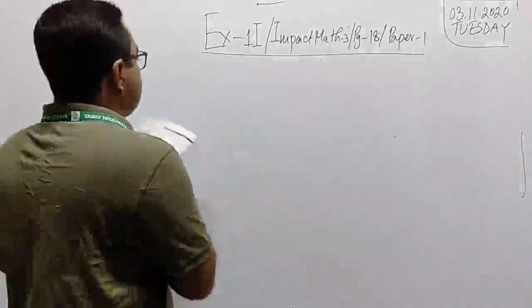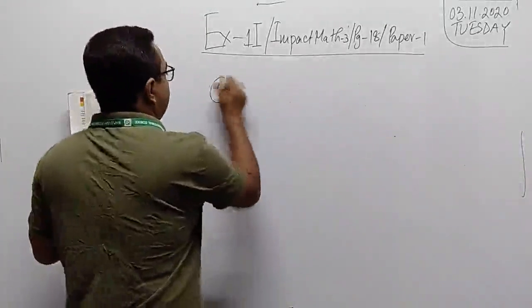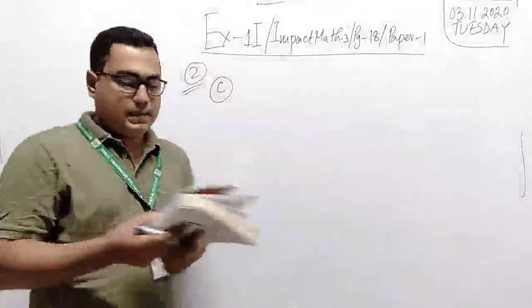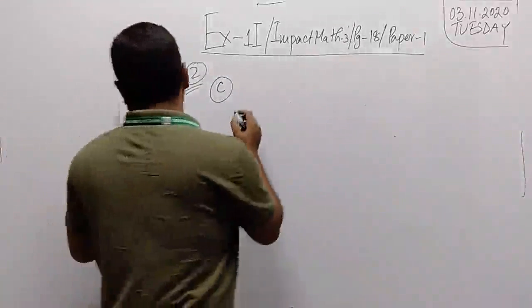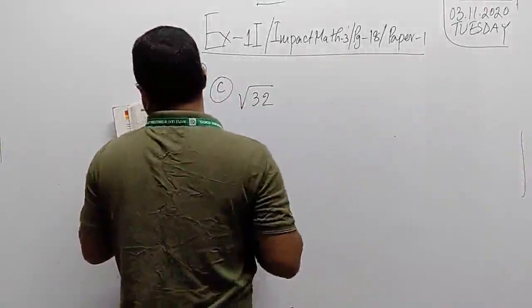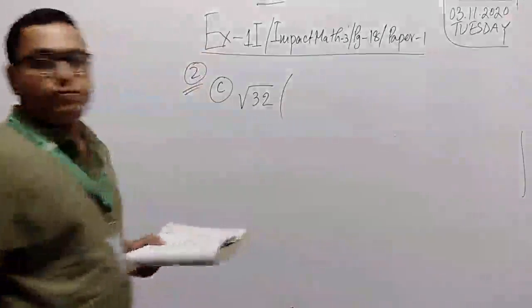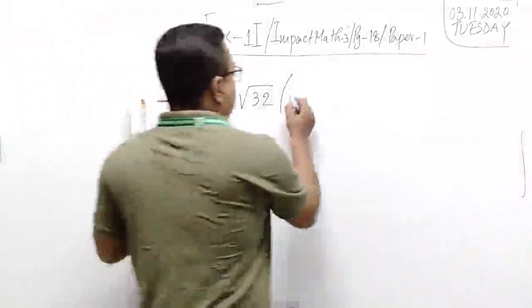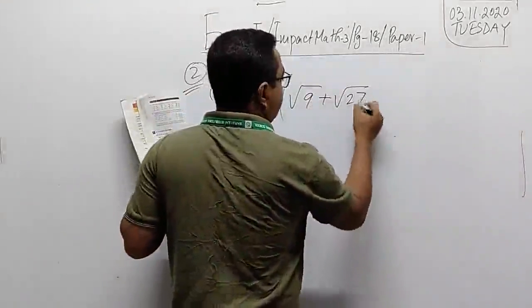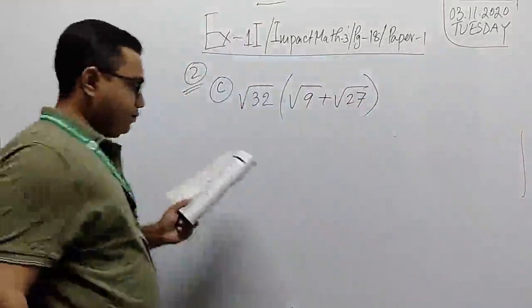Today, let's start with number C. This column, let's say. The right side, you will solve as homework. Suppose square root of 32, square root of 9 plus square root of 27.